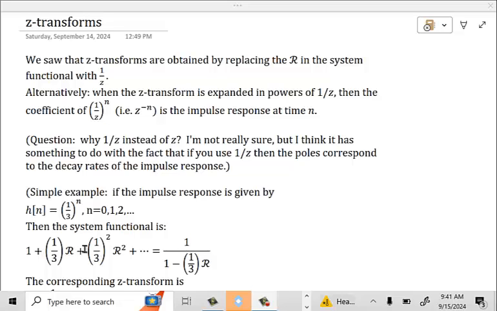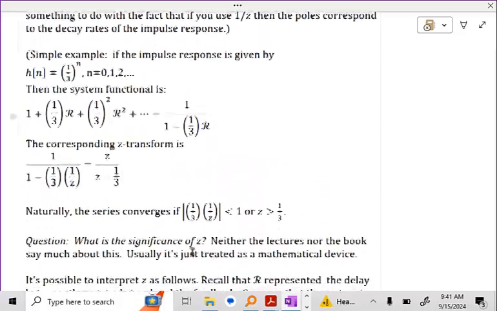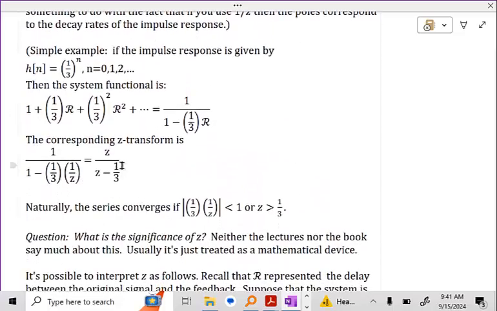Okay, so as I said, here's a signal that decays at geometric rate 1/3. Here is the system functional, the Z-transform. You replace the 1/3 with a 1 over Z, and you get this here. And of course, you can expand this out.